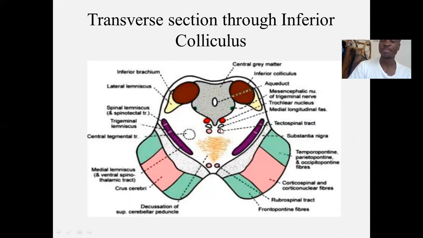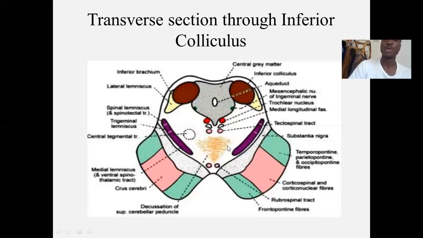We'll see the tectospinal tract as it decussates at the level of the superior colliculus. Then this is going to be the decussation of the superior cerebellar peduncle, which you find at the level of the inferior colliculus, meaning to say that's where you're going to have your superior cerebellar peduncle entering your cerebellum at this level.